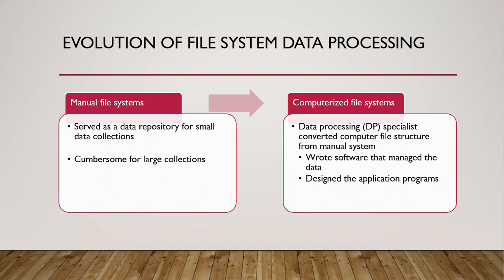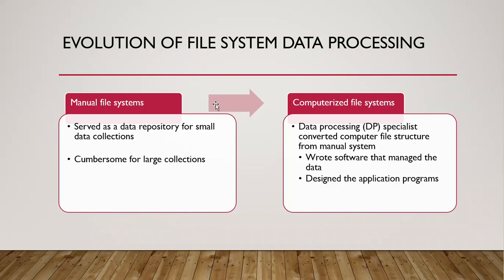So, the evolution of file system data processing. File system actually began with the manual file system, which served as a data repository for small data collections but is cumbersome for large collections. So kalau you tengok manual file system, kalau ada data tu semakin banyak, dia akan jadi cumbersome.